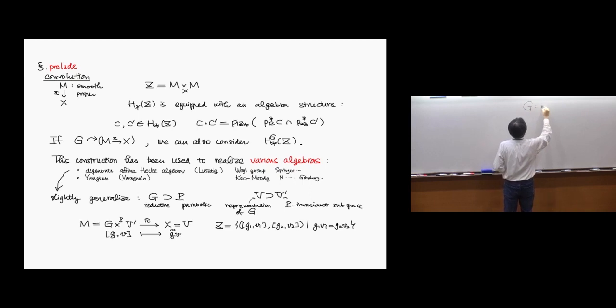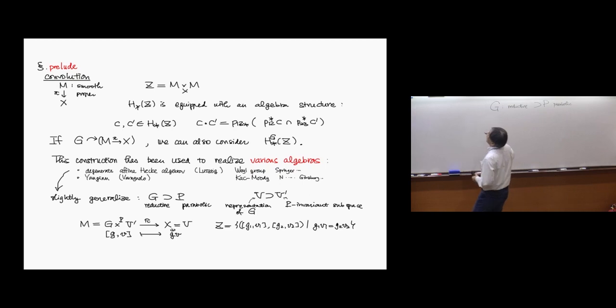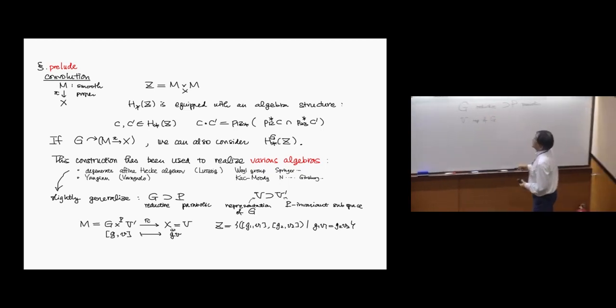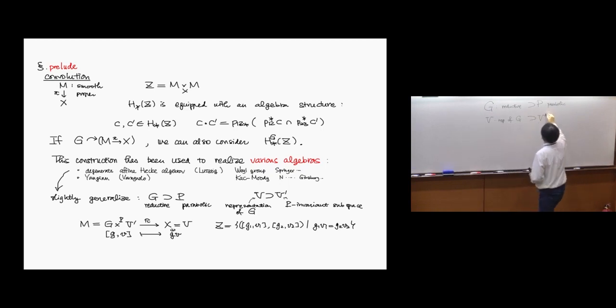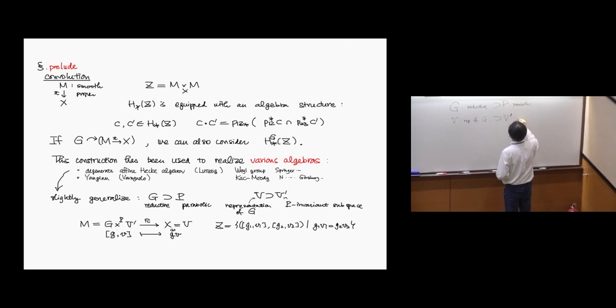G is reductive. And you have P, parabolic. And you have V, a representation of G, a finite dimensional usual representation. And then consider V prime, which is not a representation of G, but a representation of P. So this is P invariant.